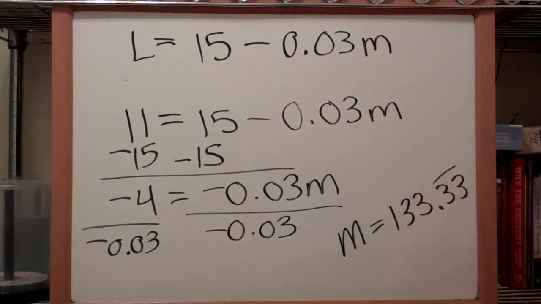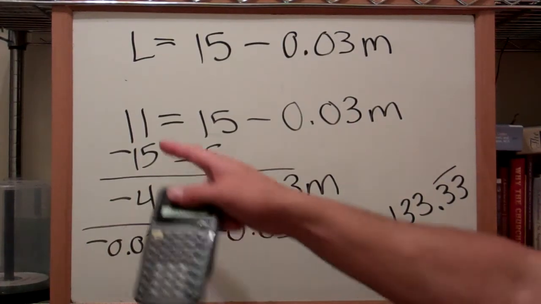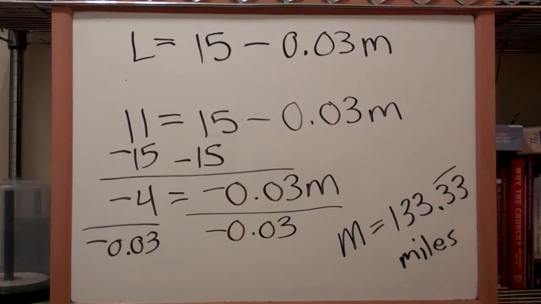This is a repeating 3. So it would take us 133.3 miles to use up 4 gallons in our tank. And that's how far we would drive to have 11 gallons left in the tank.